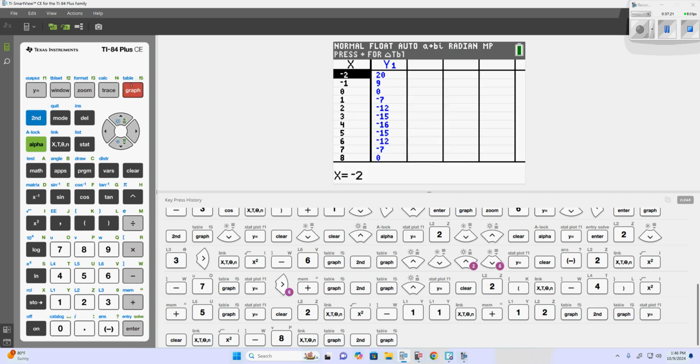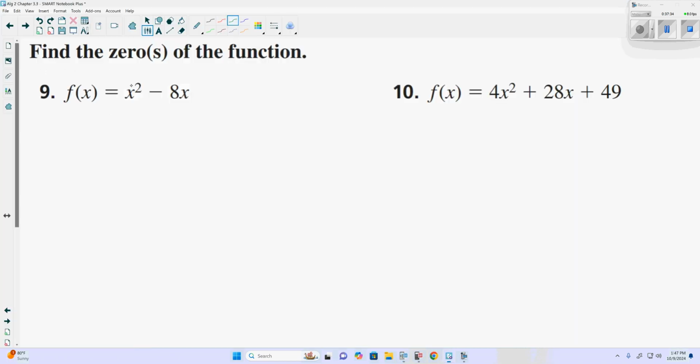Let's see, second graph. What's one of the values of x that makes a y value be 0? 8 and 0, that's it. Now, if we wanted to factor it, we could.